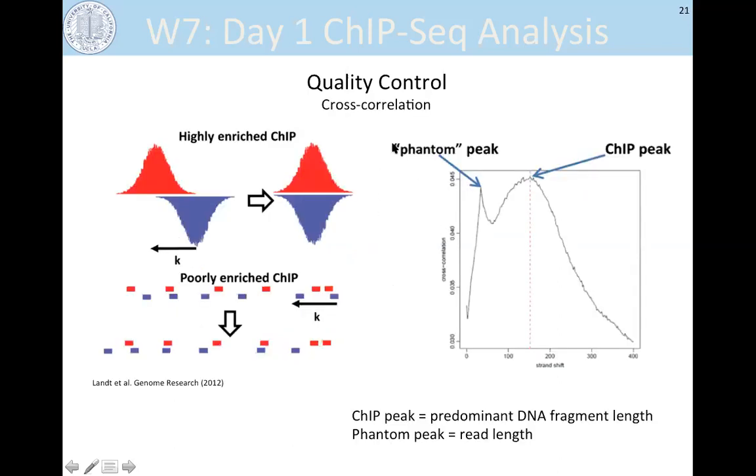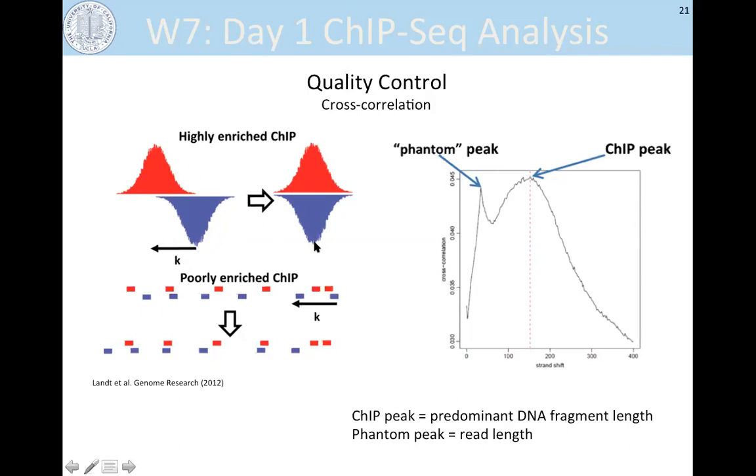So using this different strand enrichment, you can do cross-correlation analysis, where as you shift one strand towards the other, k number of base pairs, you will get the highest correlation when the reads are directly aligned, where the peaks of these two distributions of reads are perfectly aligned.